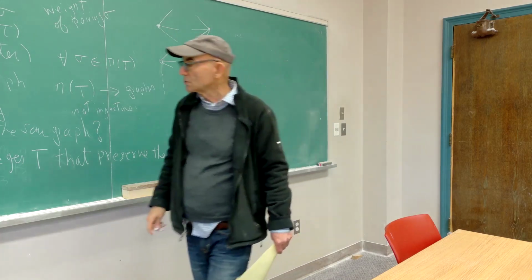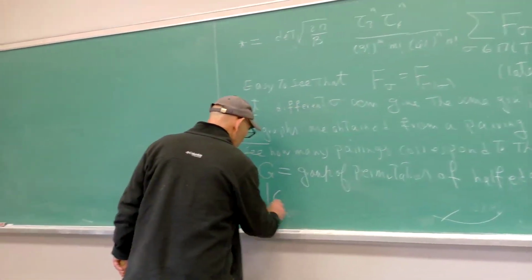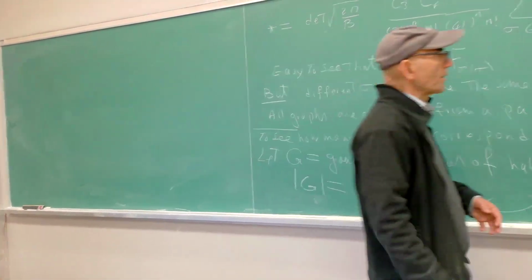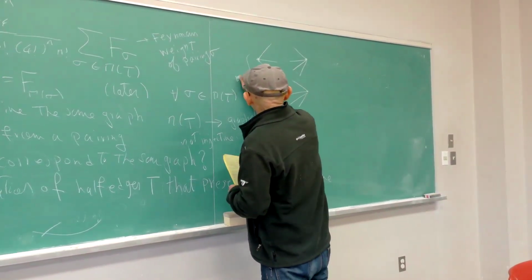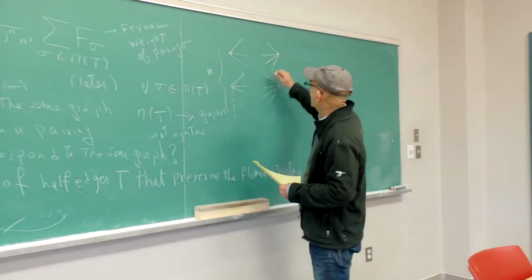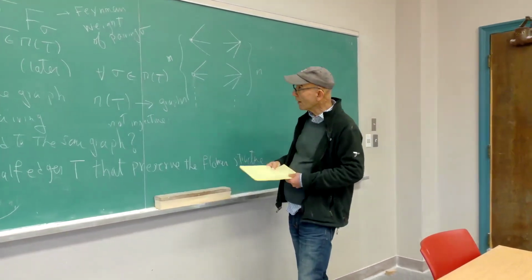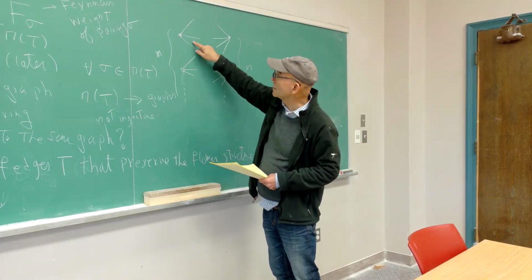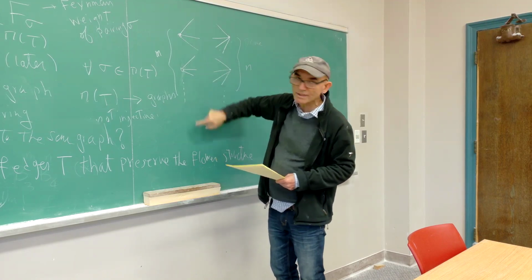Okay. So what is the order of this group? What are the elements here? Here we have M of those, and here we have N of these, right? Certainly we can do S3, S3, S3, S3, S3.